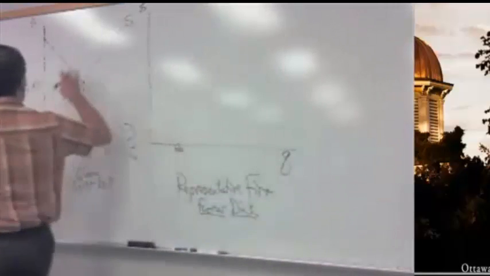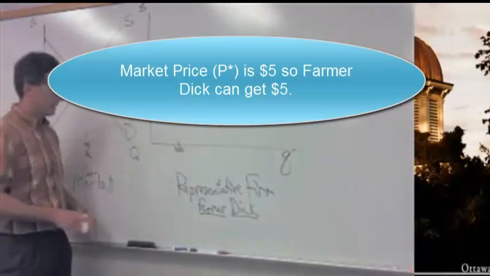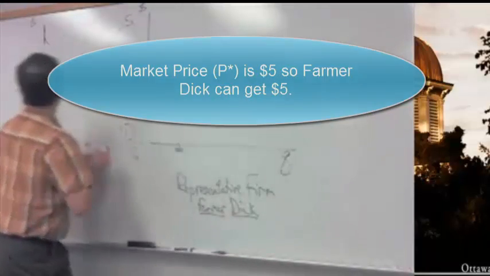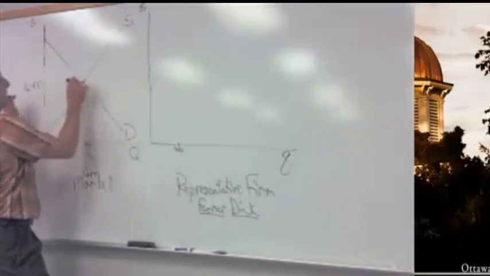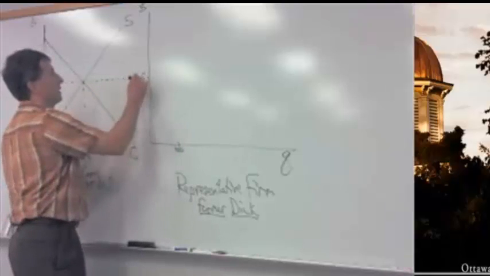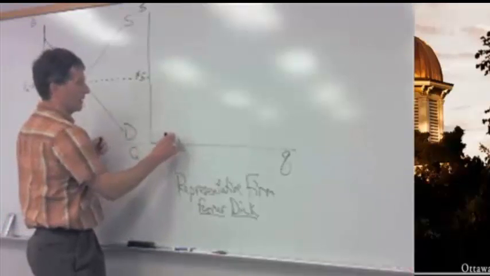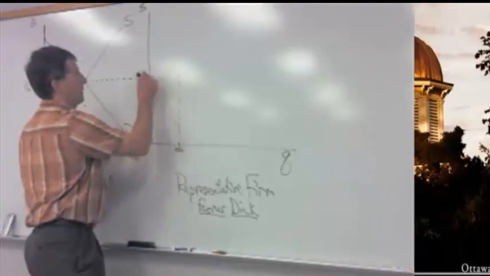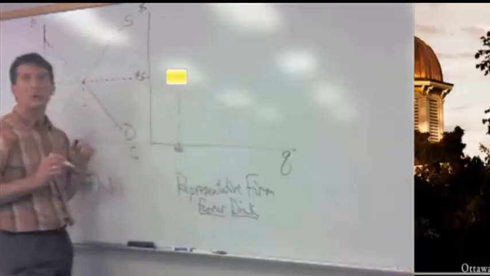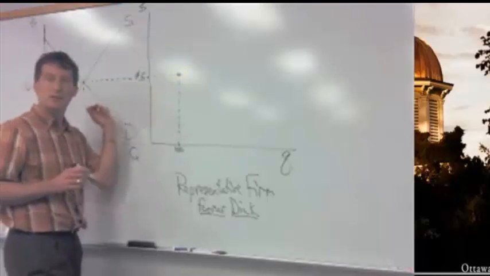The marketplace determines the price, and so Farmer Dick would likely get $5. So now, take your $5 dashed line and extend it over to this market. And I want you to make one point. At a quantity of 100, Farmer Dick could sell all 100 at $5.